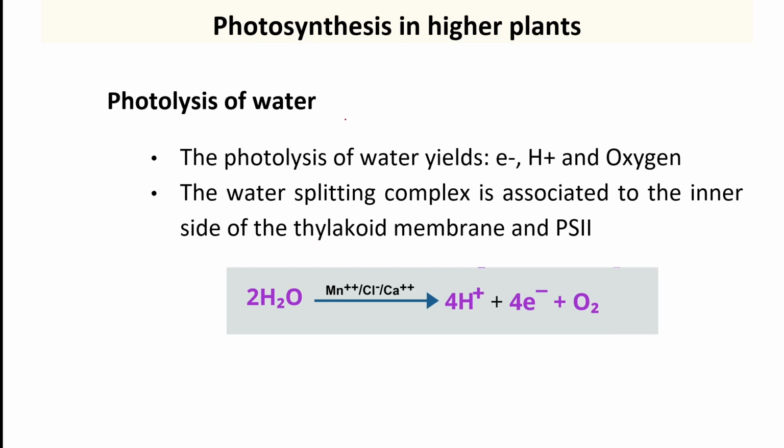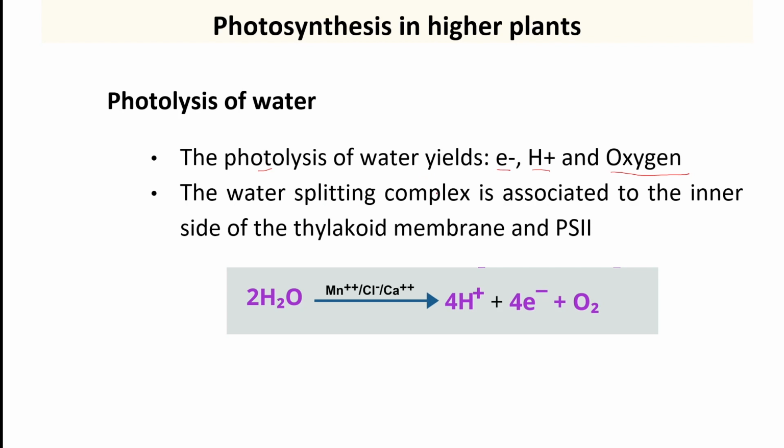Now let us discuss a little bit about photolysis of water. We already know that photolysis of water is splitting of water in the presence of light. The products of splitting of water are electrons, protons, and oxygen.